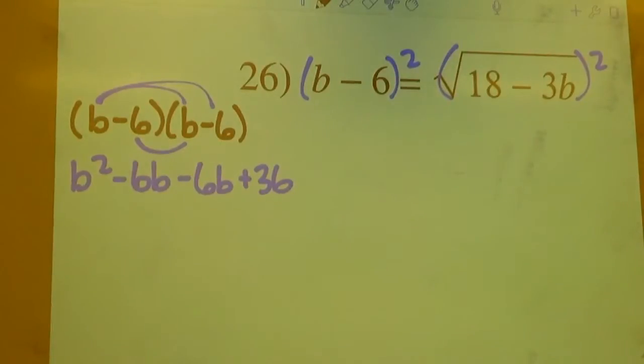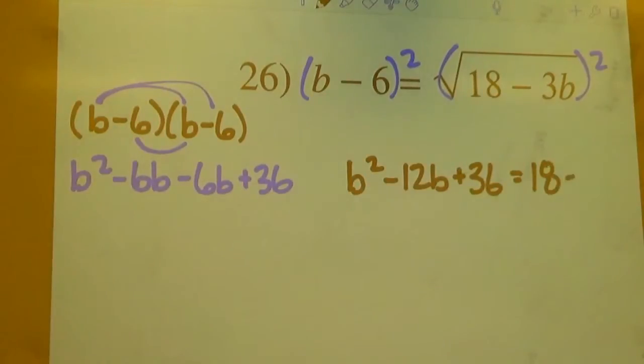So I'll rewrite it combining the middle terms: b squared minus 12b plus 36 equals 18 minus 3b. Again, the only thing I did differently was I combined the negative 6's.